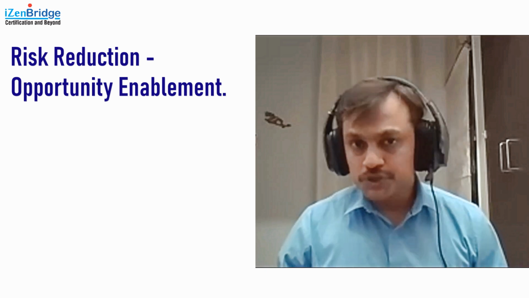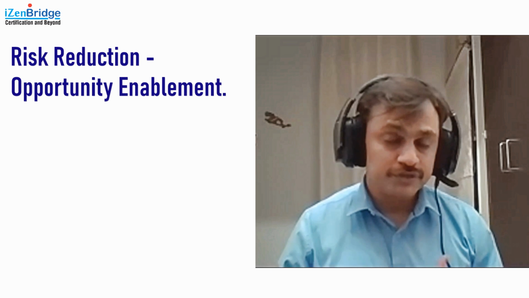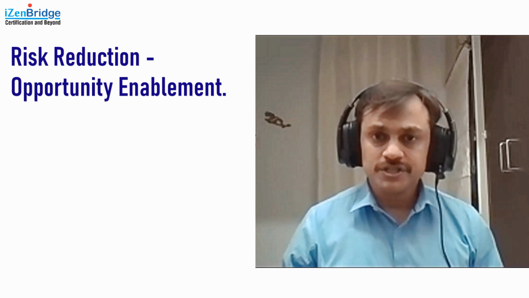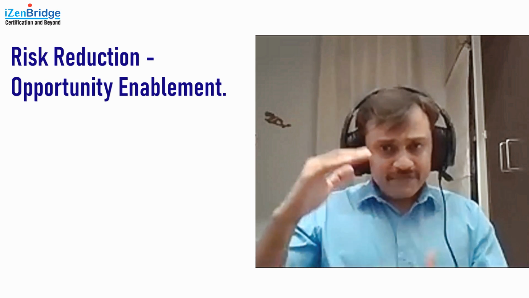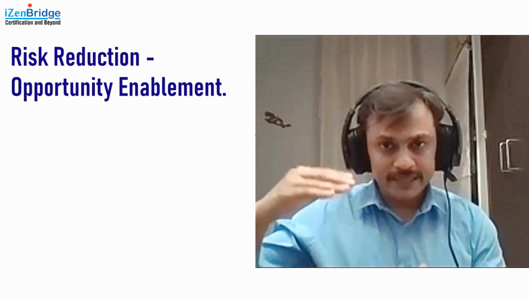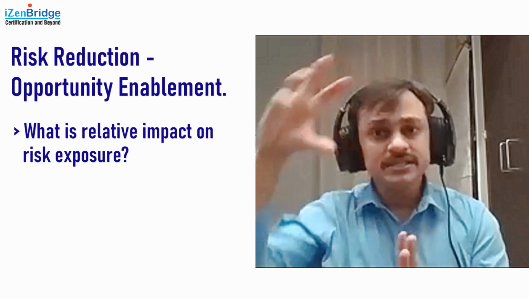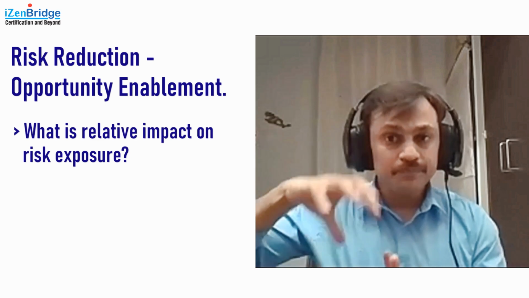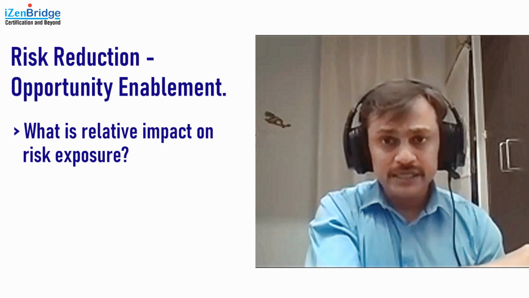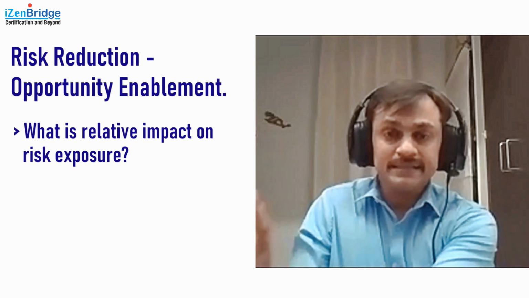Risk reduction and opportunity enablement. And I find this is one of the dimensions which is quite confusing for many professionals. Now, when I have multiple features in place and I'm looking at them in order to prioritize, do I have a feature which helps me in reducing the risk exposure, where by doing that particular feature at an early stage, I can mitigate many things which can happen at a later stage?